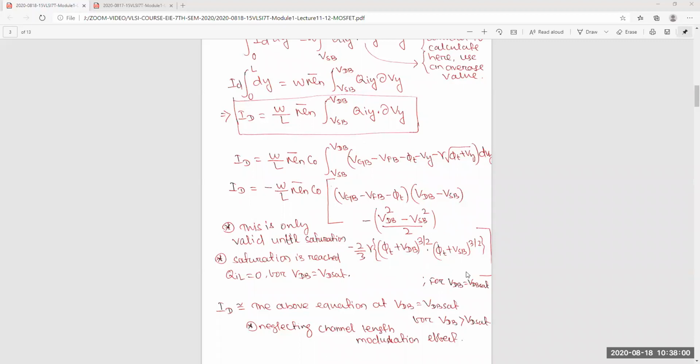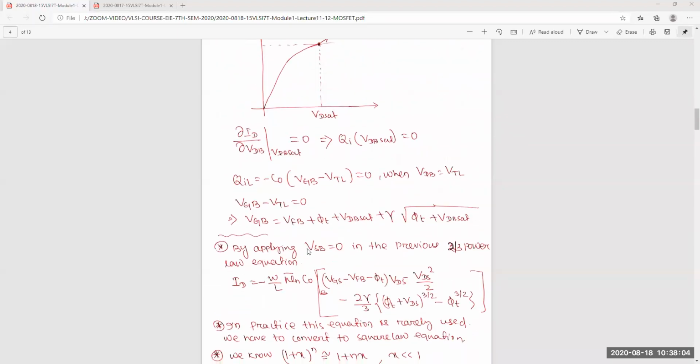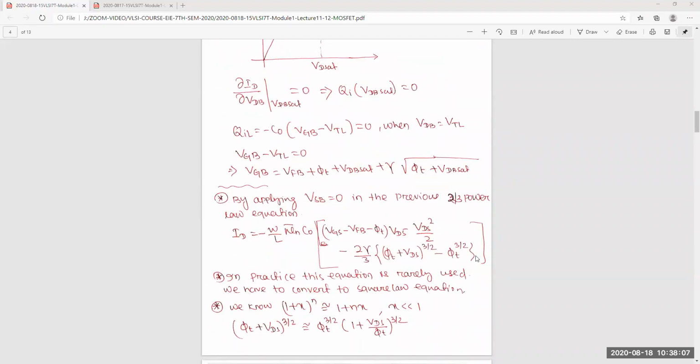Finally you will get this type of simplified equation if there is no body effect. Still the 3/2 power equations are there, so we are not simplifying to a square yet.